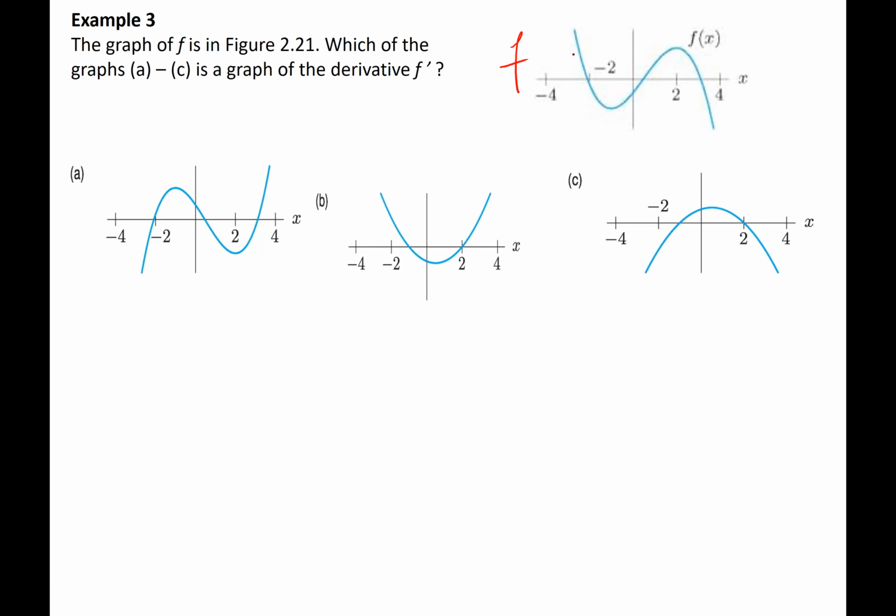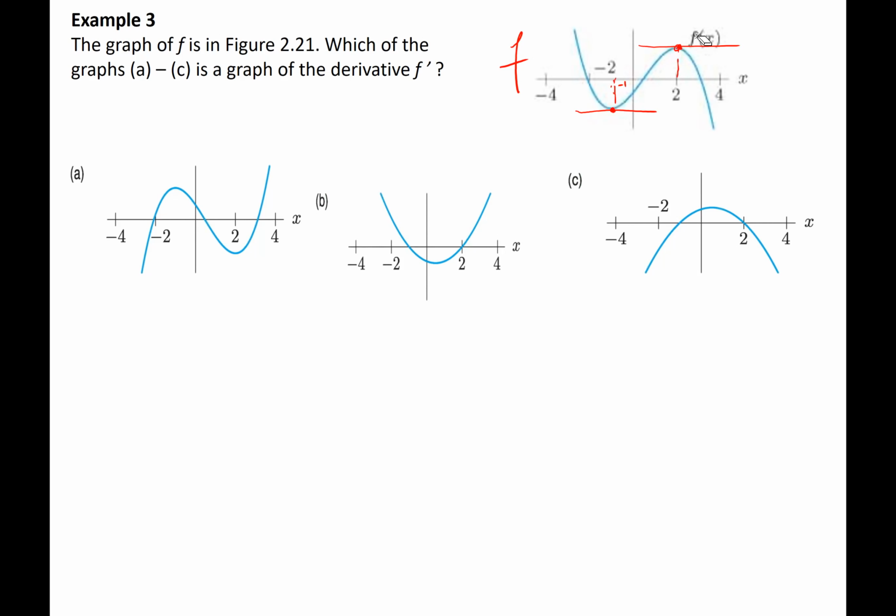Okay, let's start. We do have a function. I will always start with the horizontal tangent lines. At this point we have a horizontal tangent, and at this point we have a horizontal tangent. That means at -1, and this is 2.